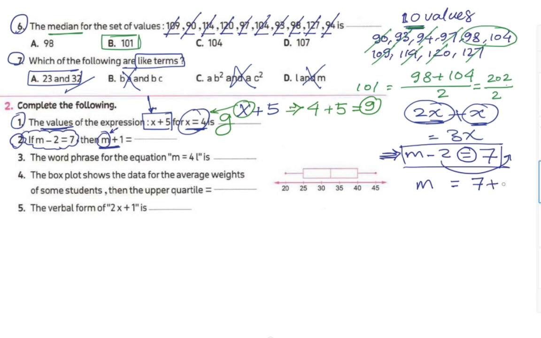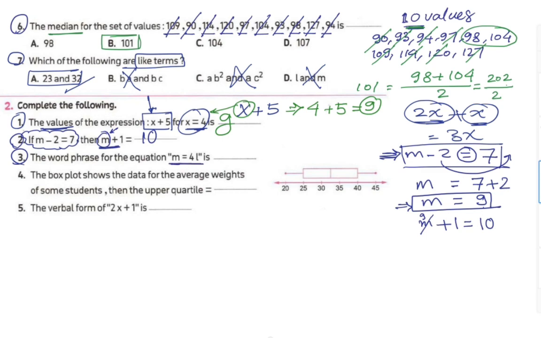Minus 2 will be plus 2. Now m equals 7 plus 2, which equals 9. Now I know the value of m is 9, so m plus 1 is 9 plus 1, which equals 10.